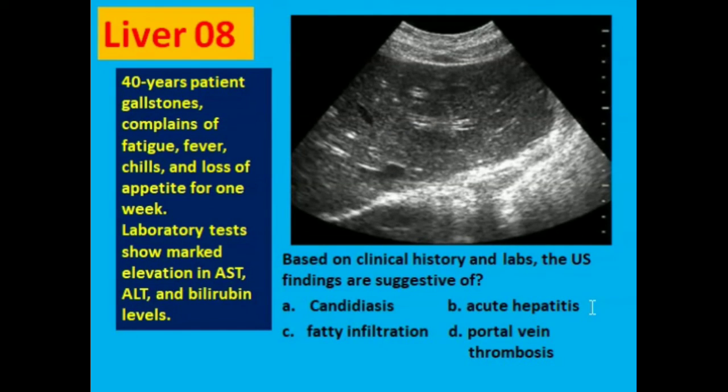Candidiasis is a fungal infection more commonly associated with immunocompromised patients, demonstrating uniform hypoechoic lesions on ultrasound. Portal vein thrombosis will be appreciated as a tubular structure containing the thrombus, while in fatty infiltration, there will be a hyperechoic liver. Thank you very much for watching.